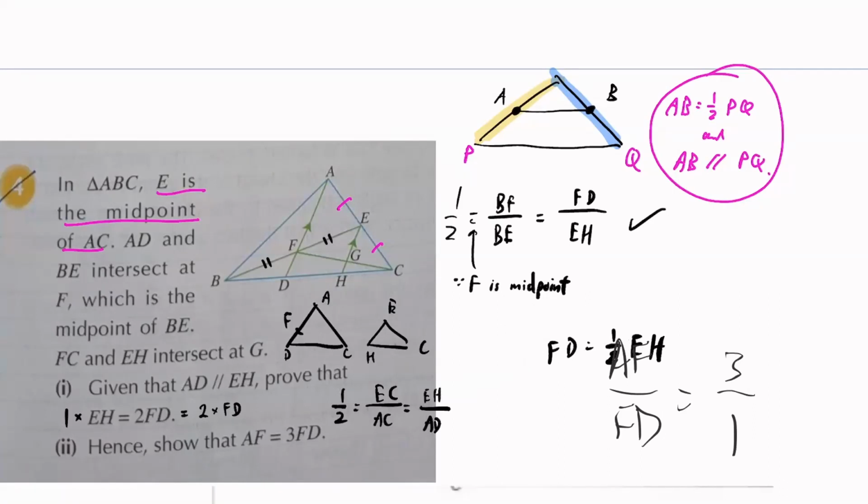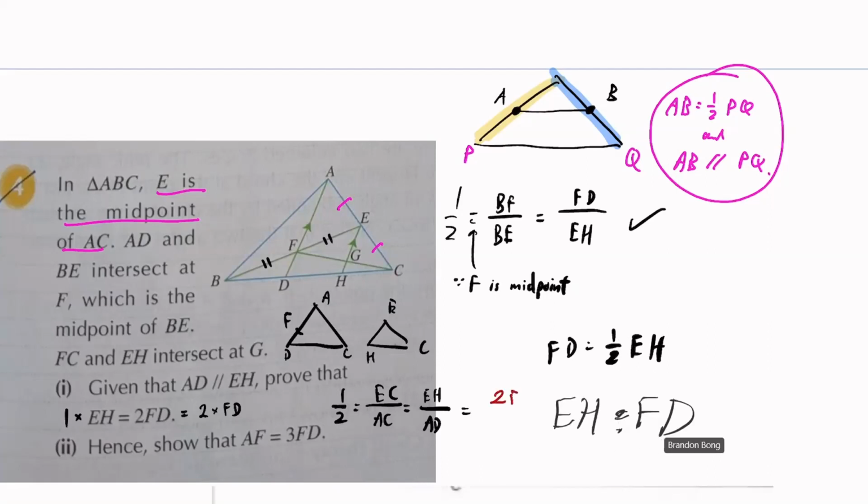You know that EH is like 2 to 1. It's 2 times FD. Is that useful? I think so. Let me think a bit. Yeah, you know that EH is 2 FD. Is that what you were saying? Yeah. Right. You can substitute EH with 2 FD.